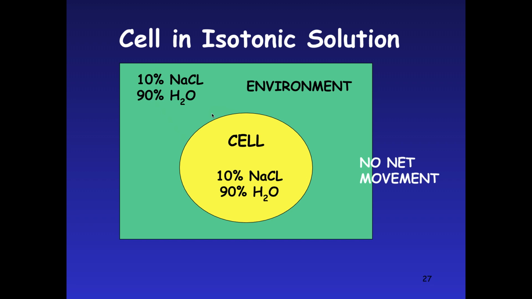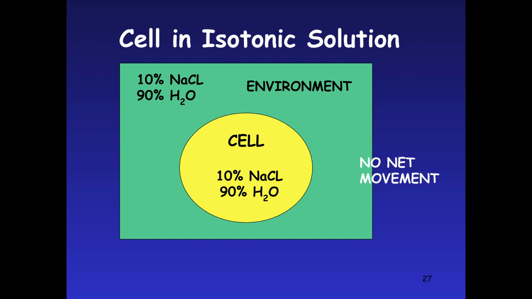Remember, we're talking about osmosis here, so we're talking about the movement of water either inside the cell or outside the cell. So the big thing to pay attention to is the water concentration. And if we look at the water concentration on both sides, it's the same. Both of them are 90%, right?